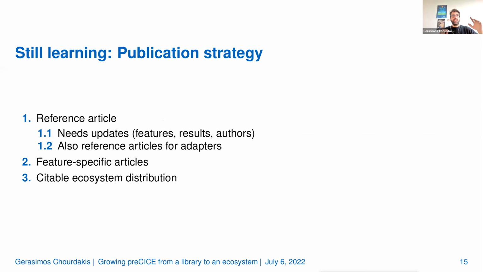Okay, something that we are still learning now is how to publish about the software. We had our first reference article that most of the publications using preCICE nowadays cite. This was in 2016. However, many of the features described there are not exactly the same anymore.